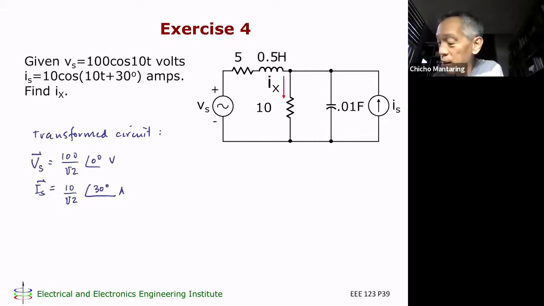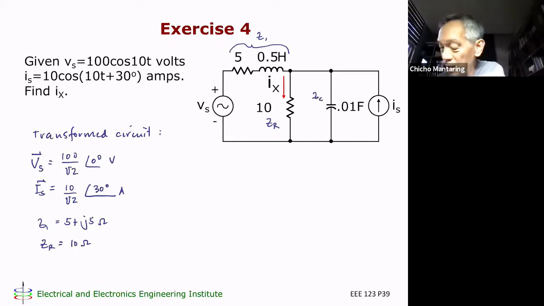Okay, let me call this Z1. Z1 is equal to 5 plus j5 ohms. No? Ito, tawagan ko na itong ZR. ZR is equal to 10 ohms. And then let me just call this ZC. ZC is equal to minus j10.